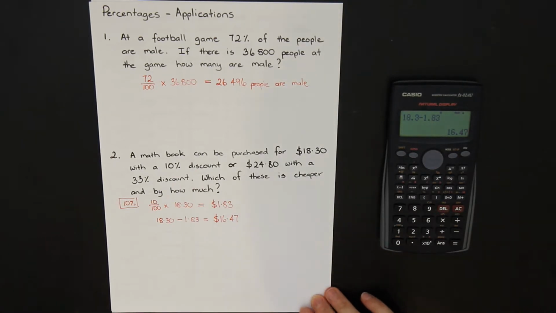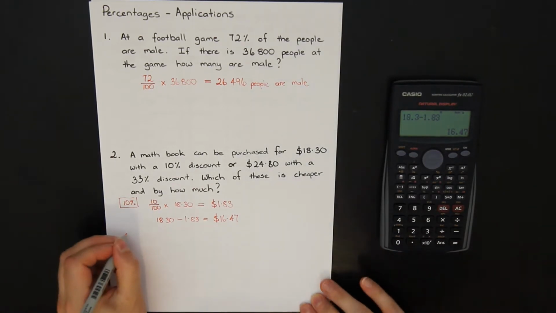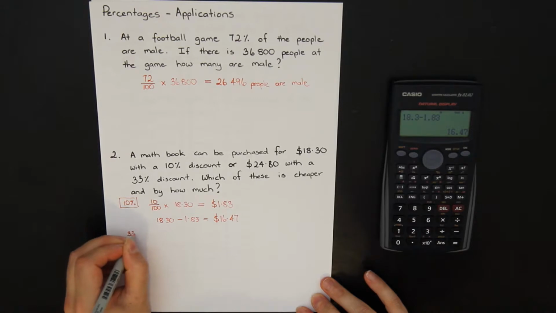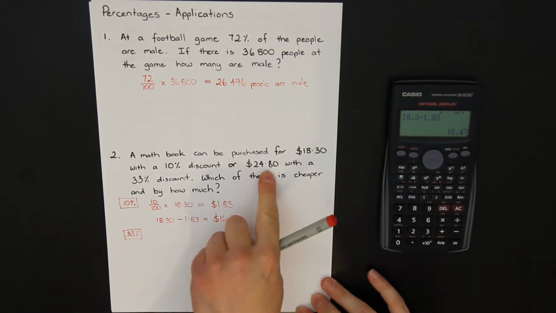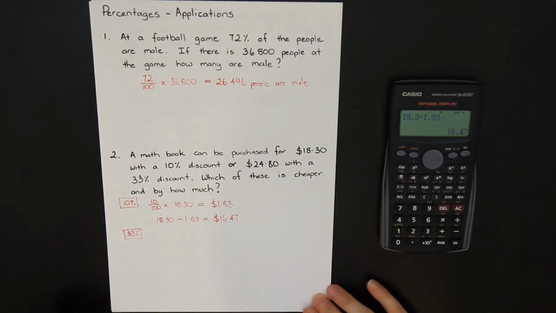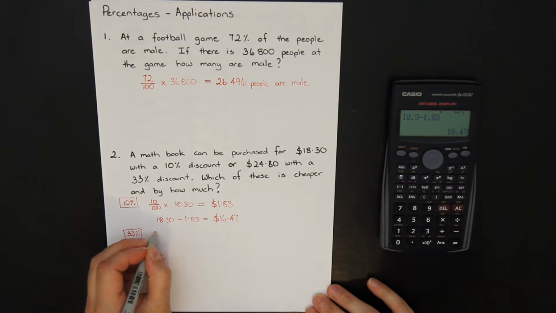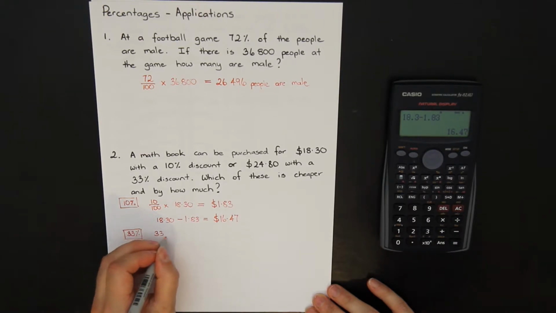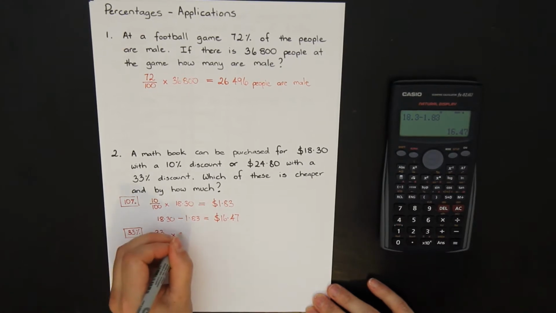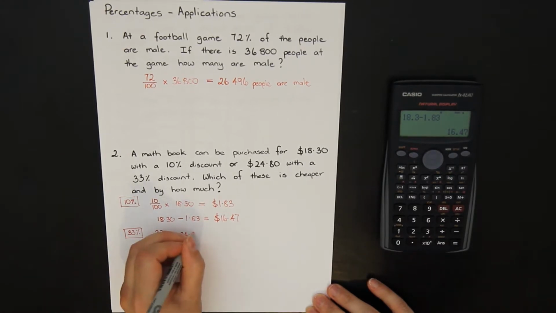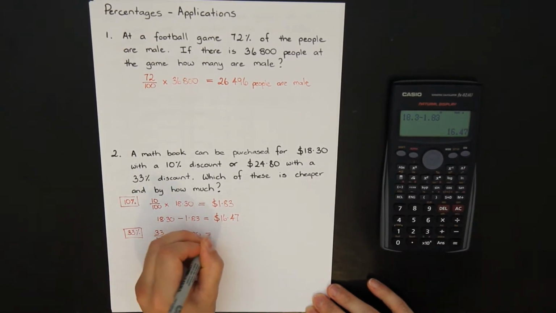Okay, but we still have to think about the other book. We could have paid $24.80 with a 33% discount. So let's have a look at that. Let's find the 33% discount, 33 over 100 times by $24.80.